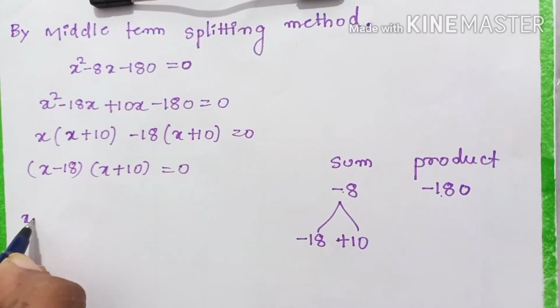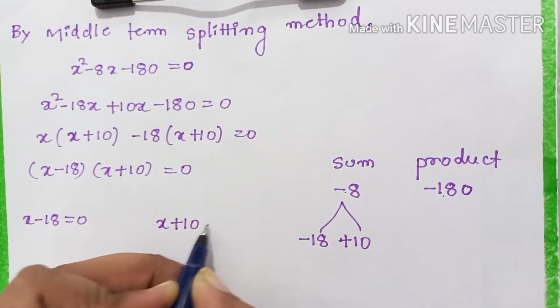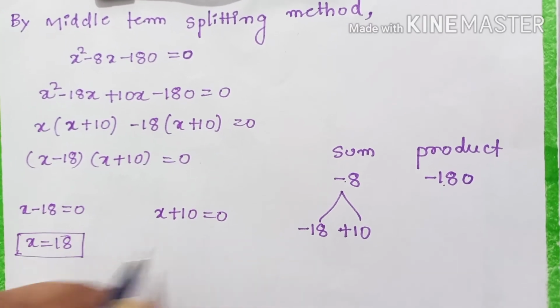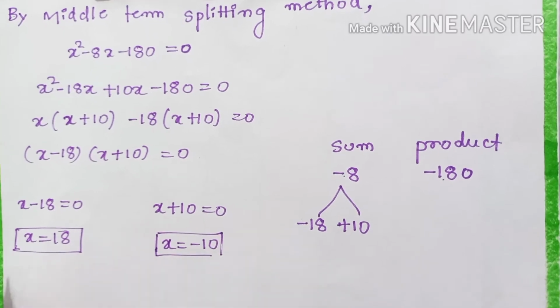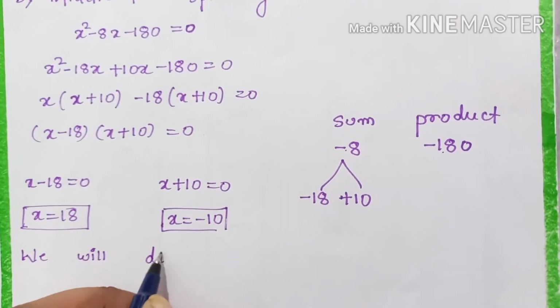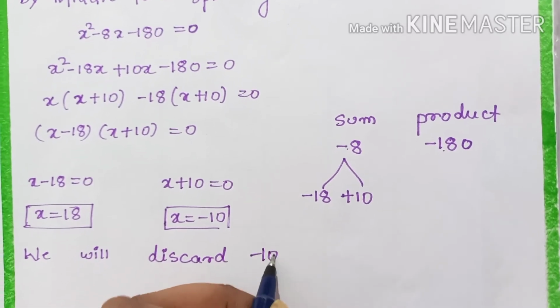Now we have the two terms, x minus 18 equals 0 and also x plus 10 equals 0. x equals 18 is the first value and x equals minus 10 is the second value. Now we will discard minus 10 as it is a negative term.